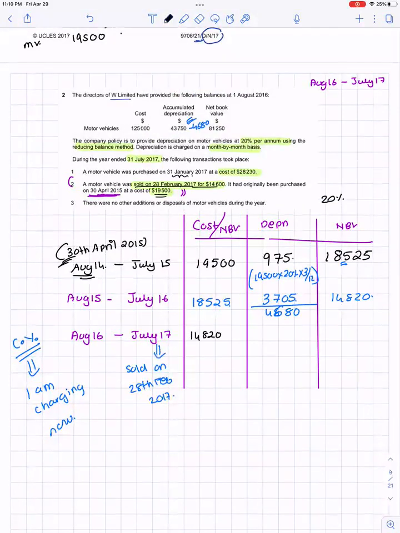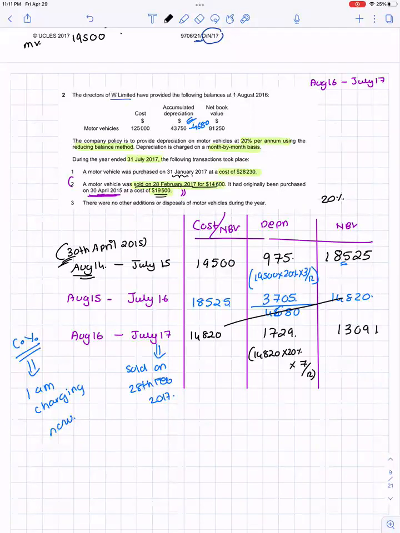So 14,820 is the net book value, and 14,820 into 20% into 7 divided by 12. What is the current year depreciation? Current year's depreciation is 1729. The net book value of the asset sold is 13,091.